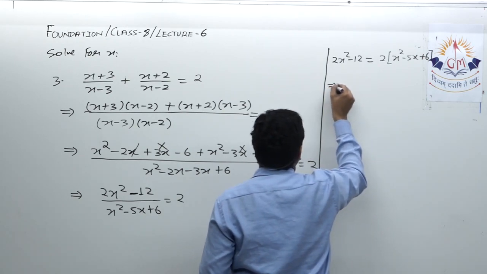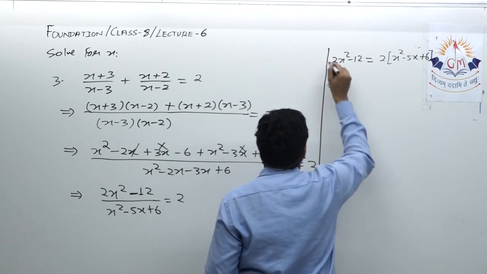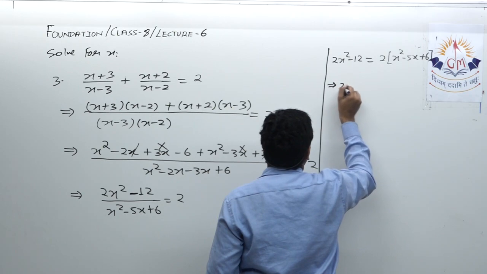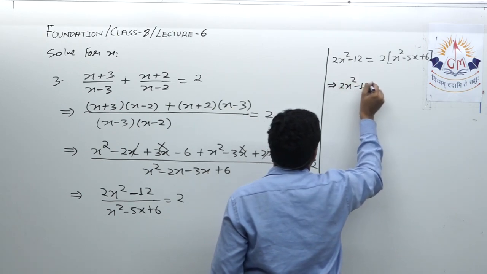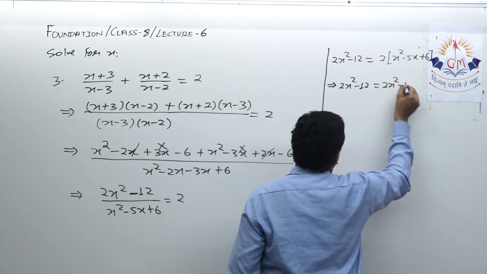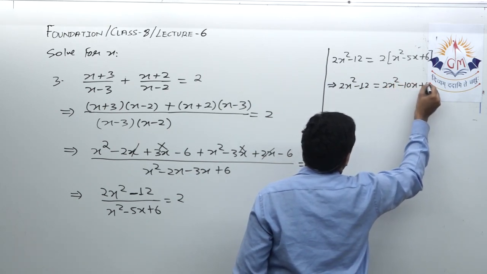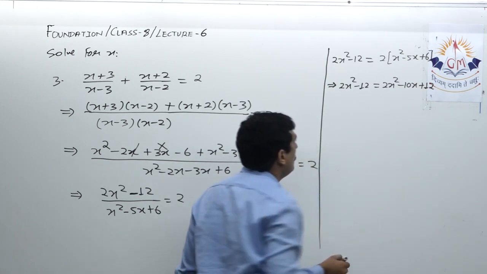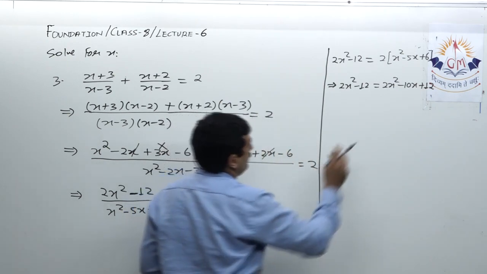Okay, so 2x square minus 12 is equal to 2x square minus 10x plus 12.